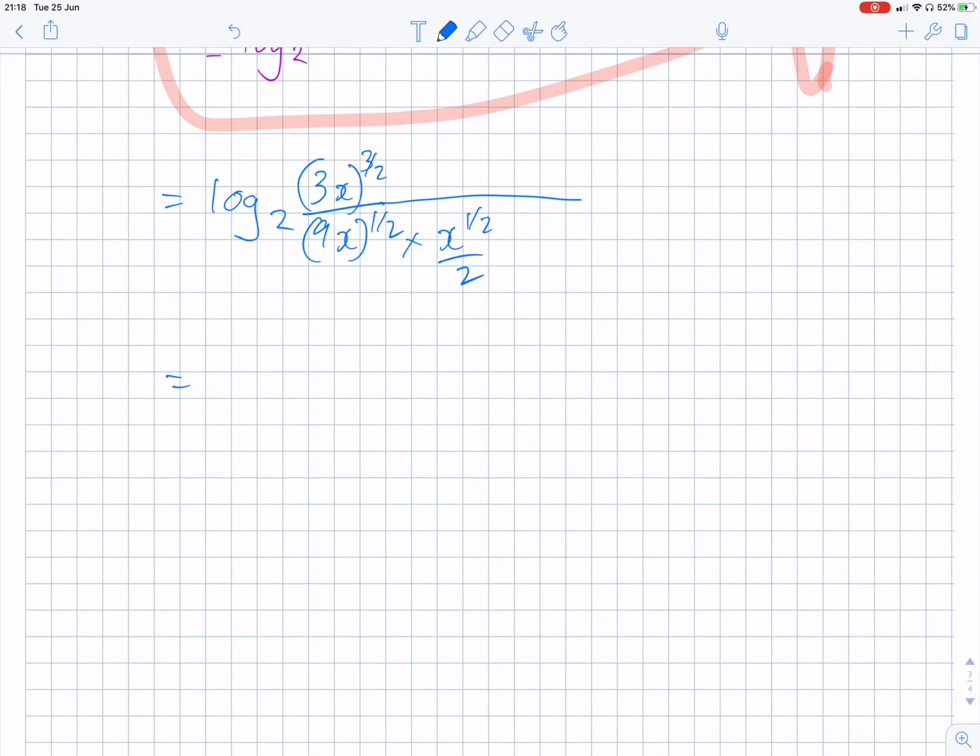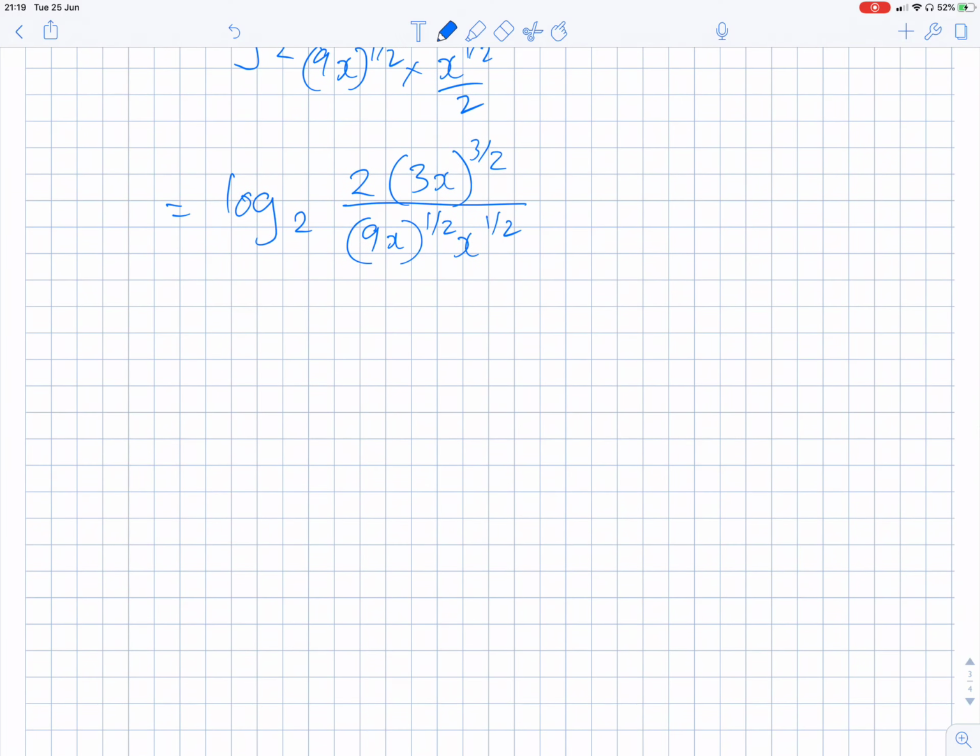So basically it becomes log 2, and then the top becomes 2 brackets 3x to the power 3 over 2 divided by 9x brackets to the power half x to the power half. Okay, so this becomes log base 2.